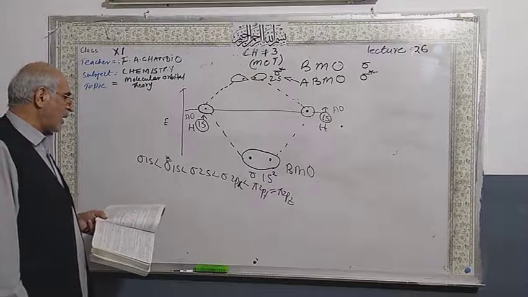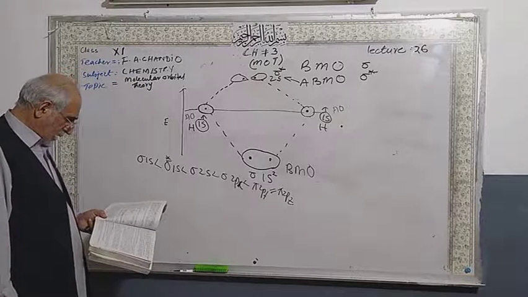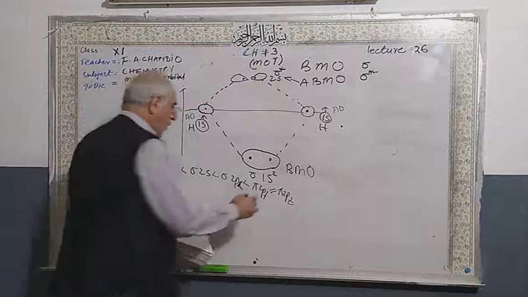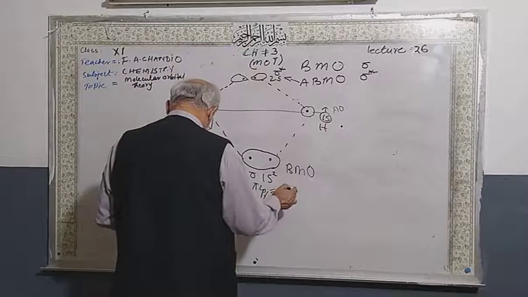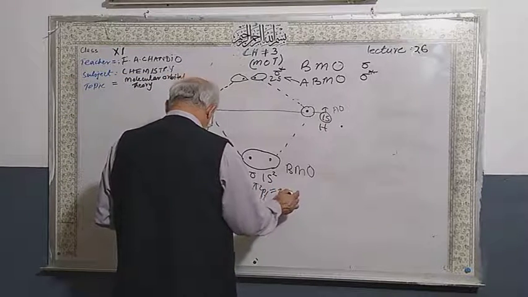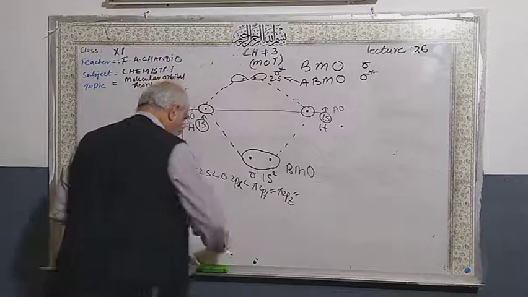Both have the same energy, so we call them degenerate atomic orbitals. Then pi star comes, with higher energy.